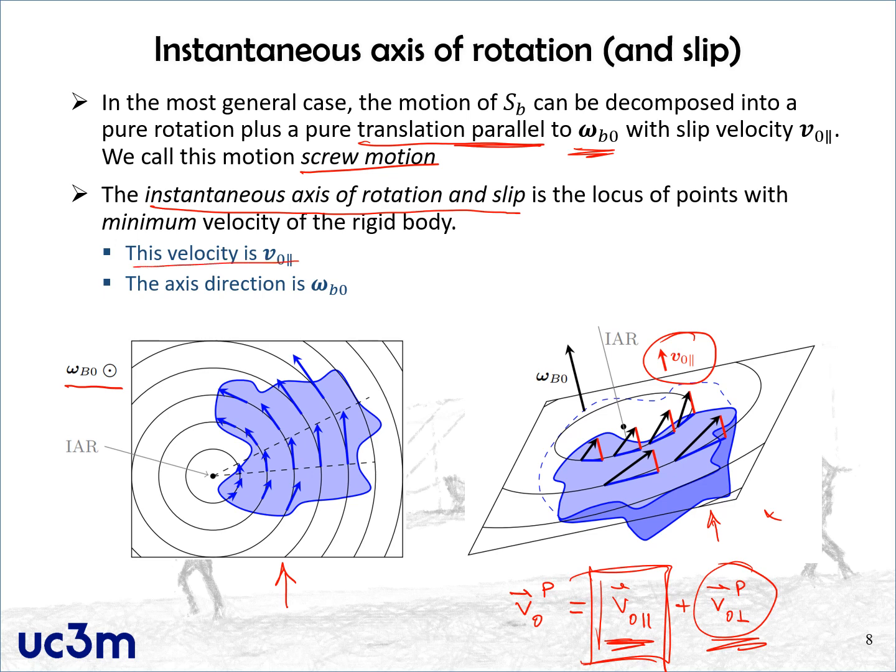So all the points on the instantaneous axis of rotation have the minimum velocity, which is just the parallel velocity. Any other point on the rigid body has, on top of this parallel velocity, the rotational part, which is the perpendicular velocity VP perp. And again, just as before, the direction of this axis is the direction of the angular velocity vector.